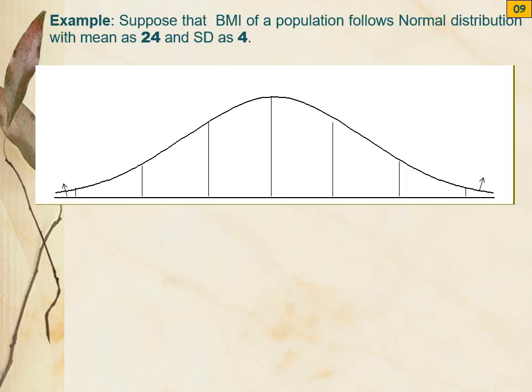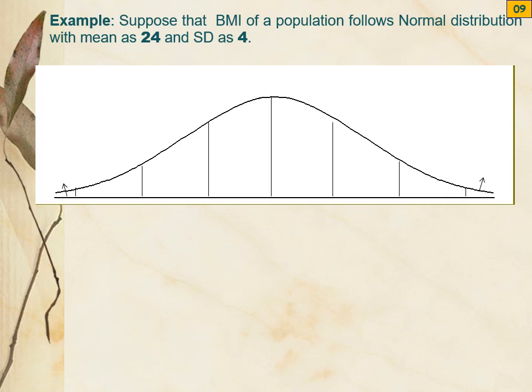Slide number 9. In the earlier slides, we have discussed the properties of the normal curve. That is, the 1 sigma limit includes 68.26% area or 0.6826 area, and 2 sigma limits cover 95.44% area, and so on.